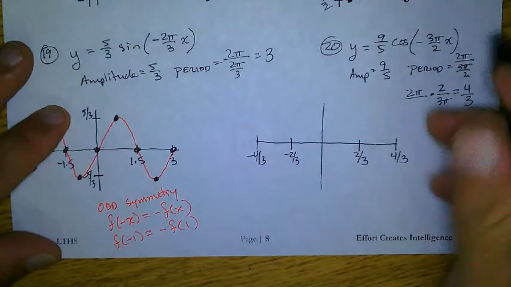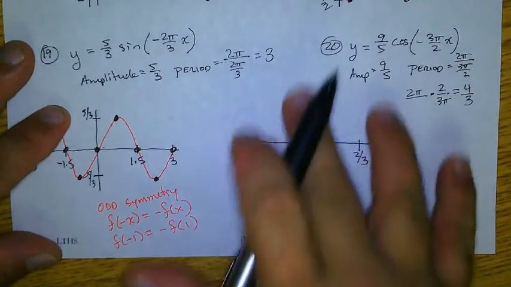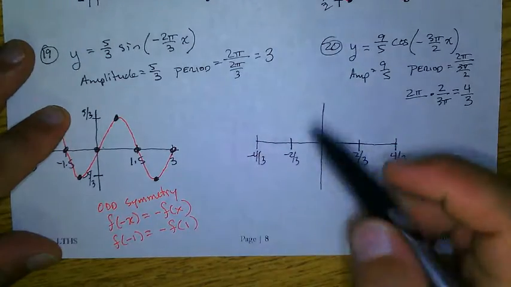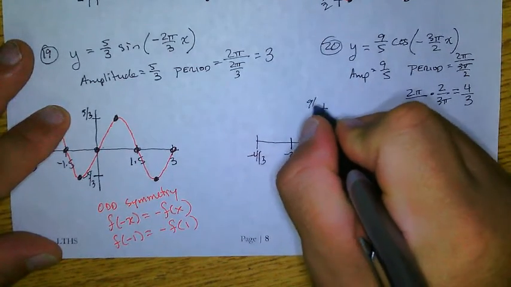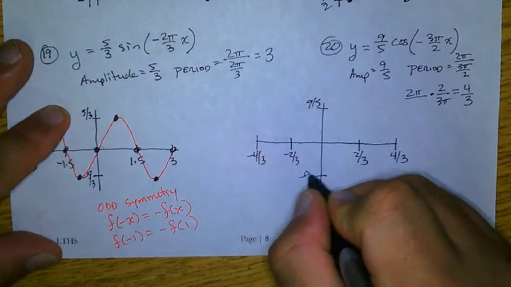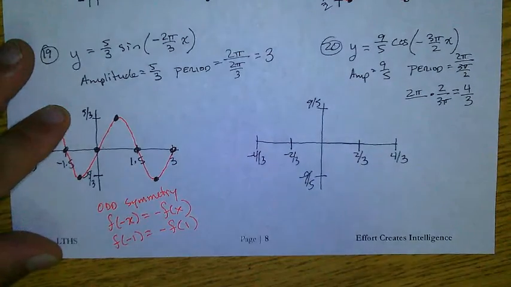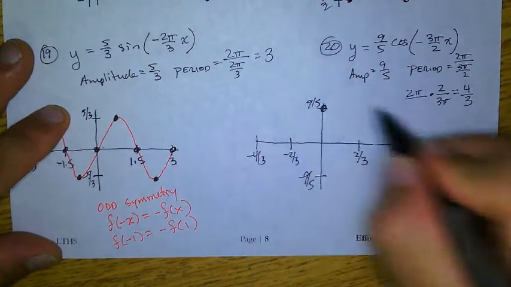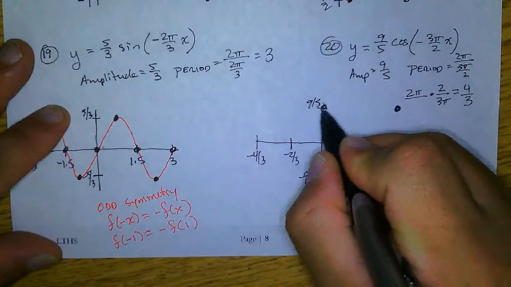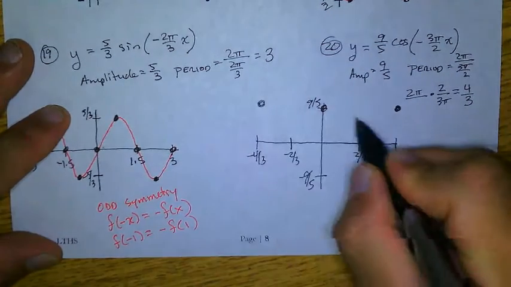No horizontal translation, right? Vertical translation, we're fine. So I have 9/5 as my amplitude. Up here, 9/5, down here, negative 9/5. Cosine, positive, starts at a maximum, and at the end of the period, maximum. Halfway between, minimum.